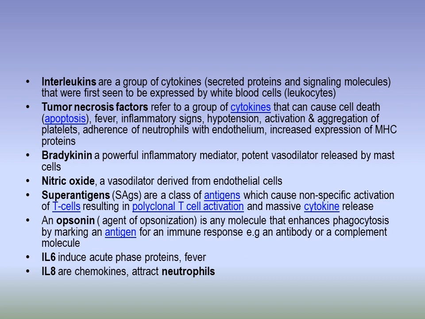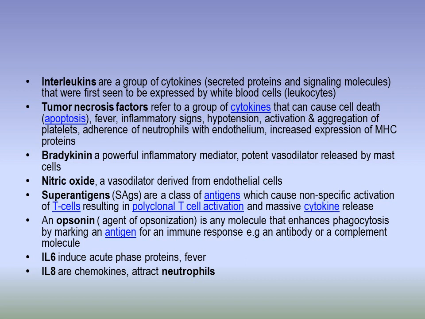It will not activate only a single clone of T cell; it would be a polyclonal T cell activation response. Such antigens, producing an enhanced immune response, are called superantigens. Then we have opsonin. Opsonin is any molecule that enhances phagocytosis by marking an antigen for an immune response, like an antibody or a complement molecule. Any such agent will be called an opsonin.